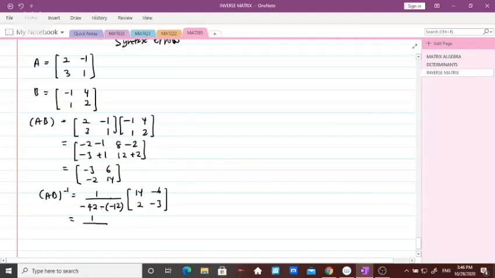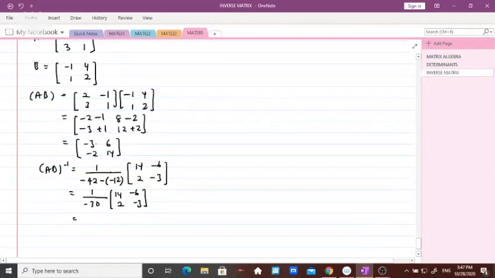So we have here negative 42 plus 12, so negative 30. If I multiply the scalar, we have a negative 7 over 15, so 1 over 5, negative 1 over 15, 1 over 10. So this is for (AB) inverse.